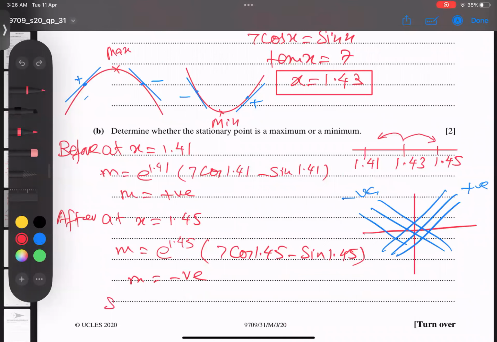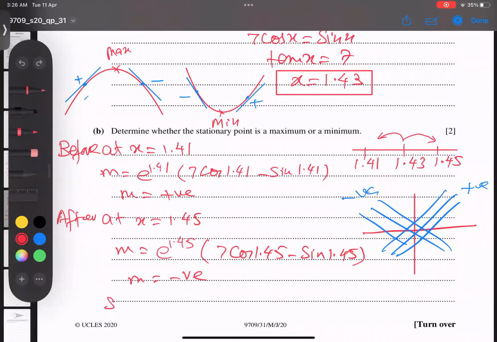So the next question is here. The function f of x is given. So we will find the derivative, f dash of x, and here we have to apply the quotient rule. Quotient rule: whatever u over v, if we are differentiating, the denominator is always squared.